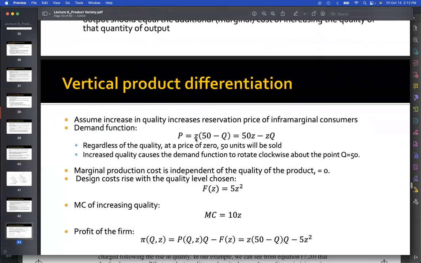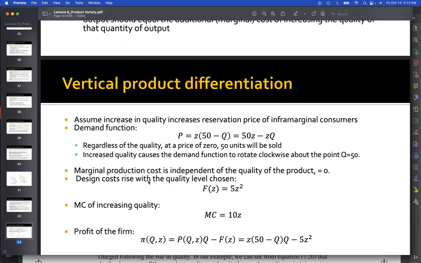Where the Z will affect this one, which is your maximum willingness to pay directly, and it will shift it up. Okay. So regardless of quality, at the price 0, 50 units will be sold. Increased quality causes the demand function to rotate clockwise about the point Q equals 50. The marginal cost of production is 0.